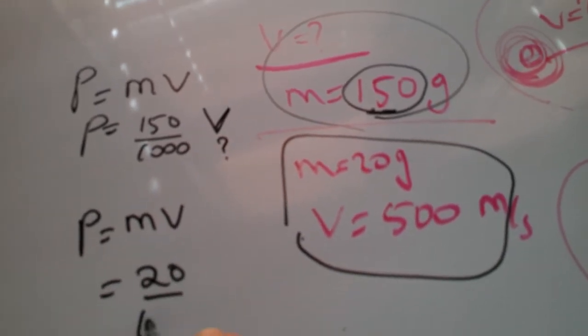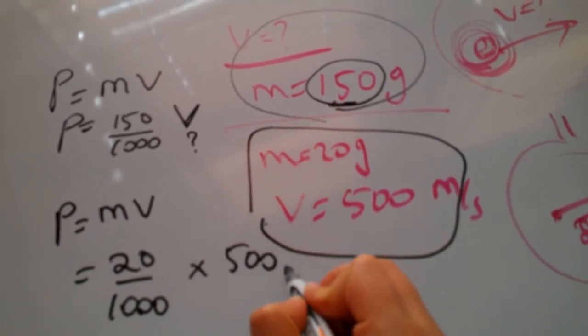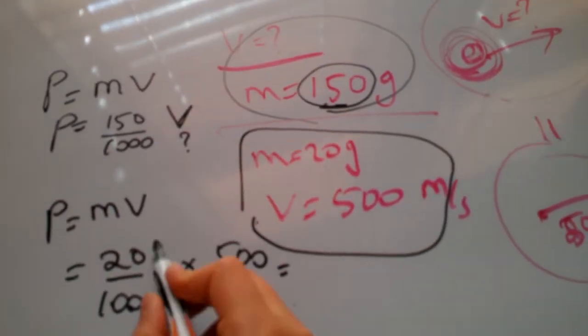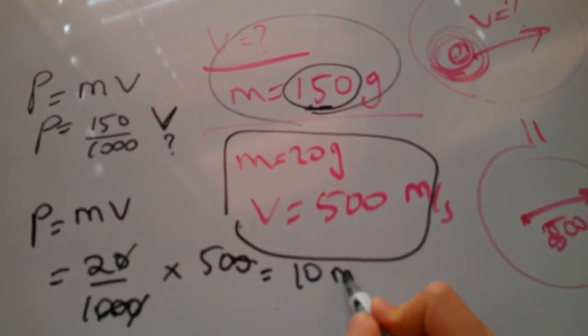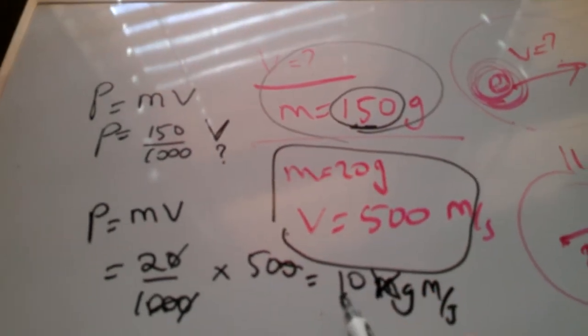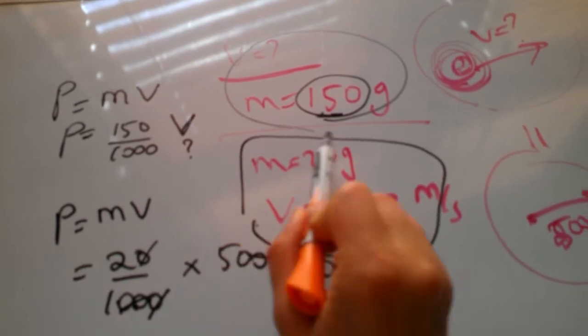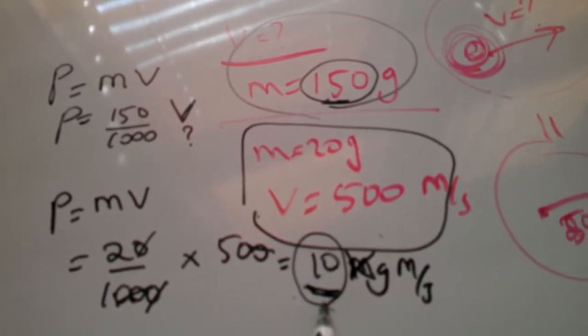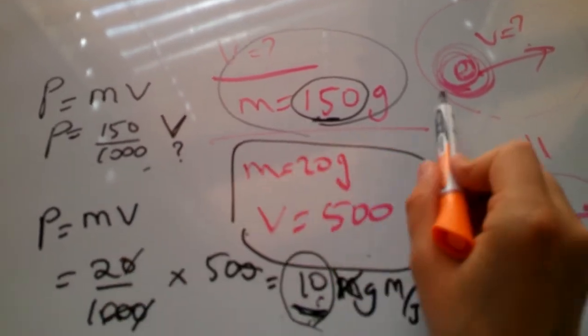It's 20 grams, so converted into kilograms, times the velocity of the bullet, and that gives you 10 kilograms meters per second. So 10 kilograms meters per second is the momentum of the bullet, which I want to be the same number as the momentum of the baseball.